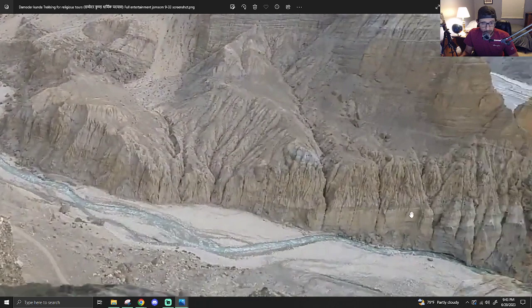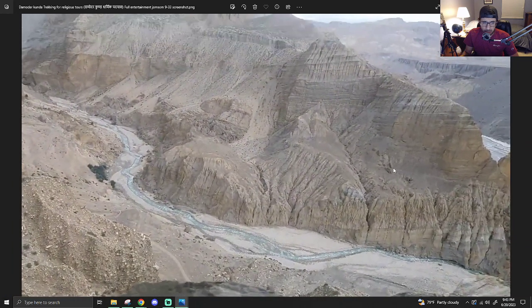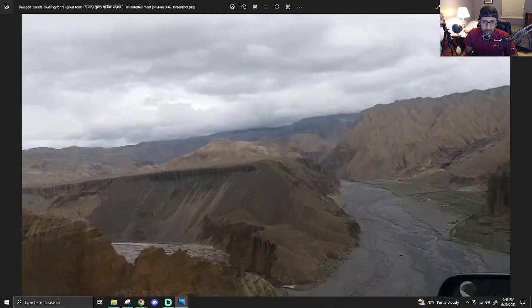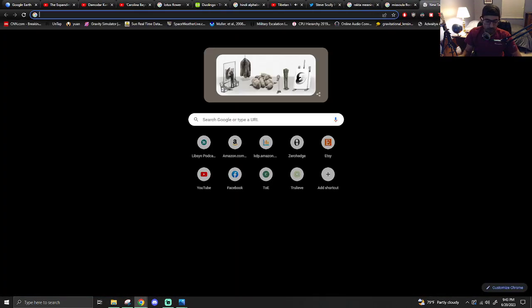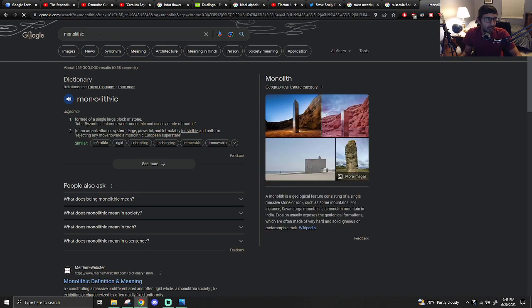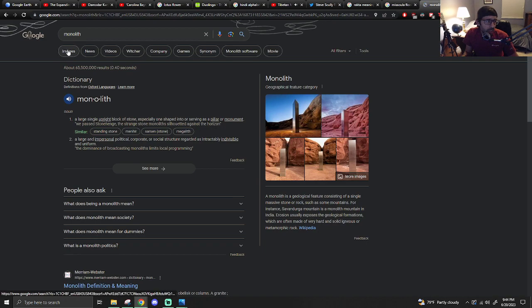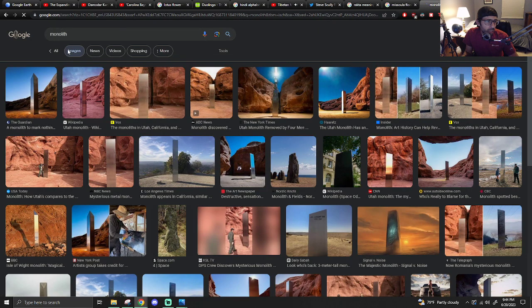Interesting how the shapes evolve. Kind of reminds me of Egyptian... what is it called? Monolith? I guess it is kind of a monolith.